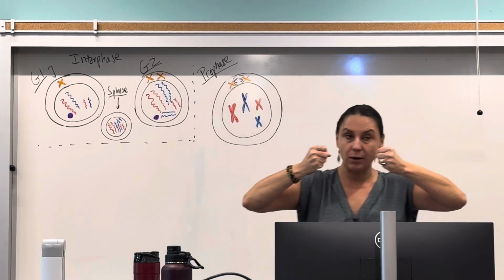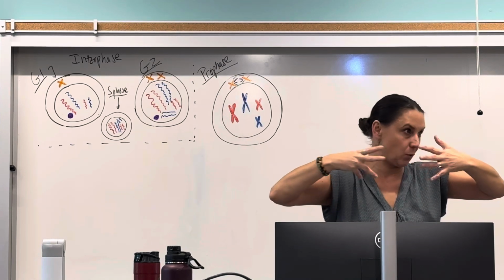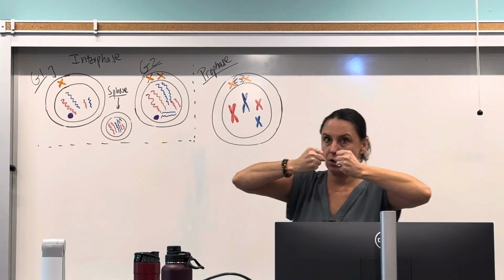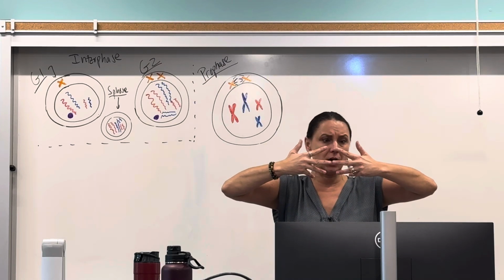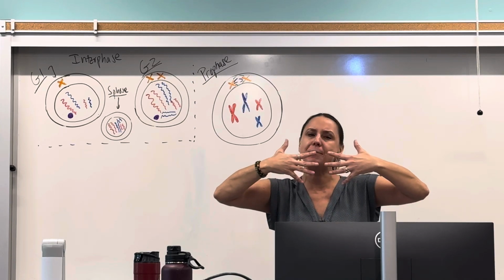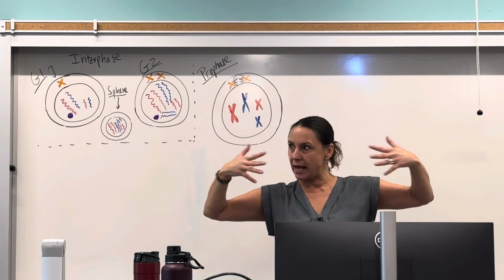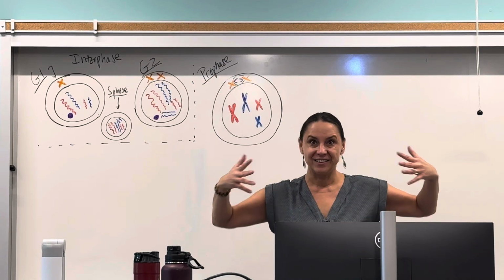Those microtubules start growing in length, adding more tubulin protein. Imagine my fingers kept growing. What would happen to my fists as my fingers kept growing? They would get pushed away from one another.